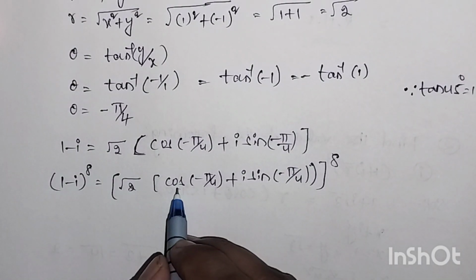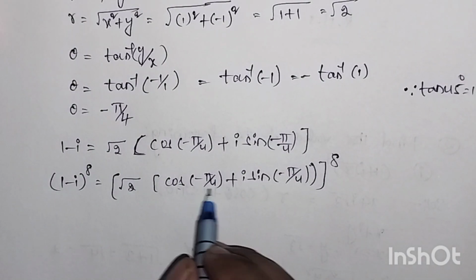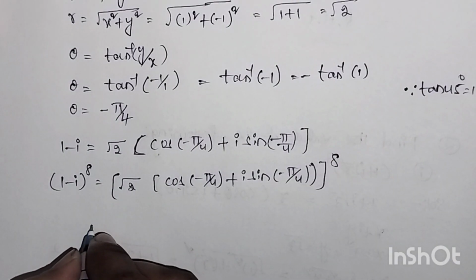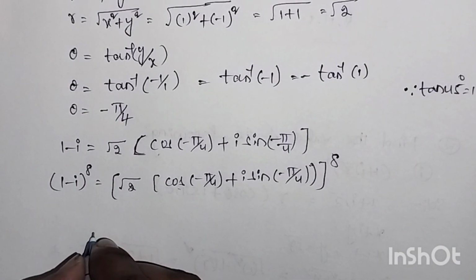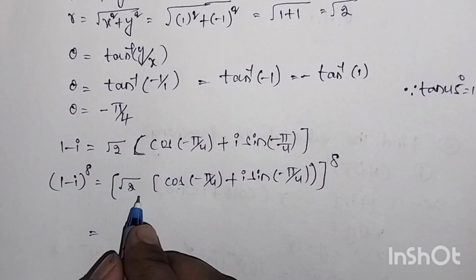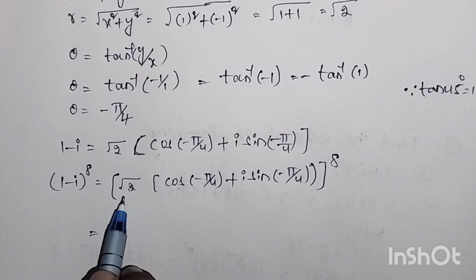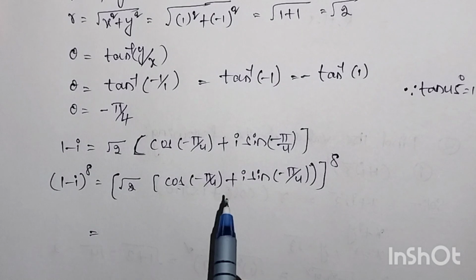Here cos of minus theta is again cos theta, and sin of minus theta is minus sin theta. So I apply the power to root 2. Root 2 we can write as 2 power 1 by 2.